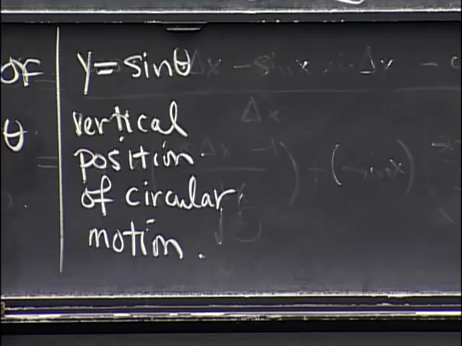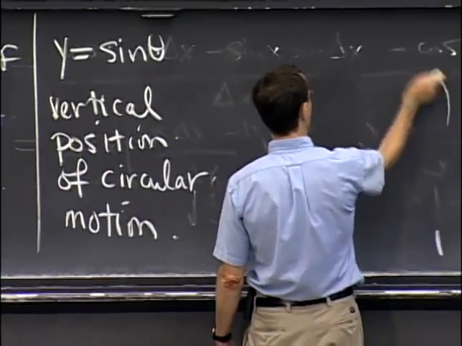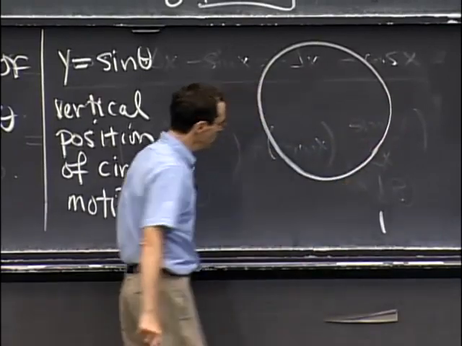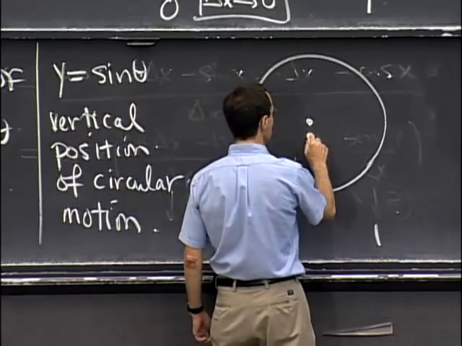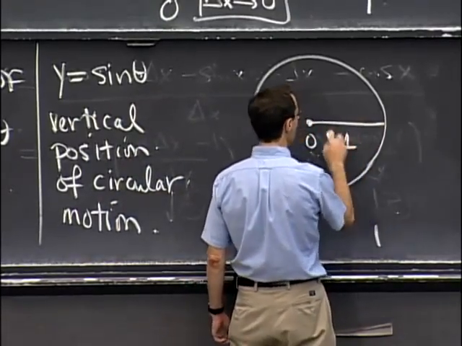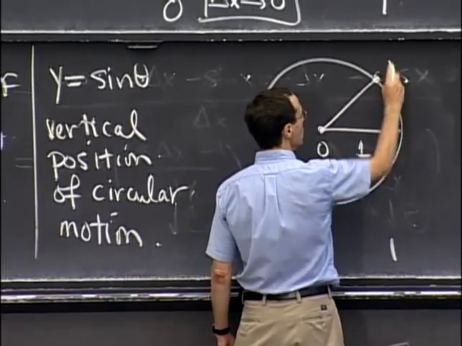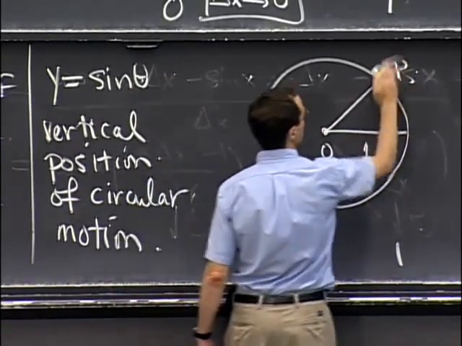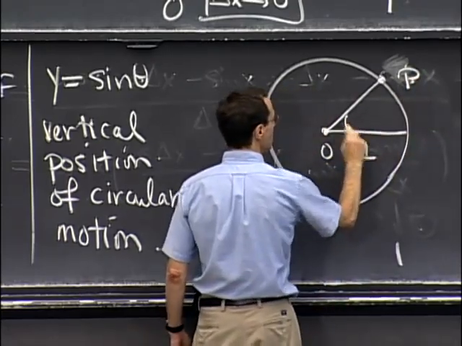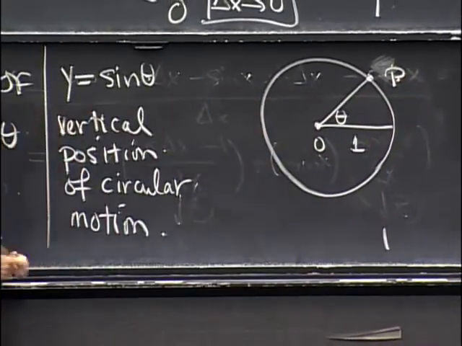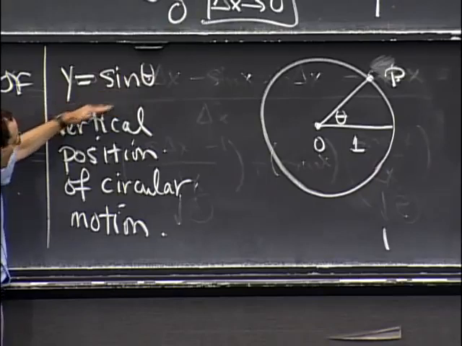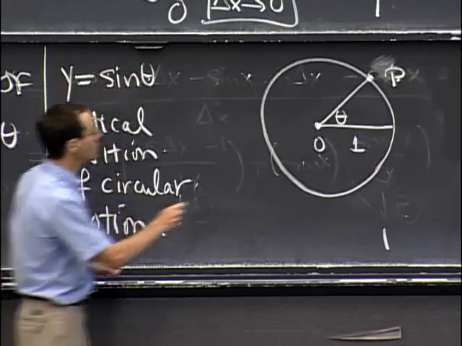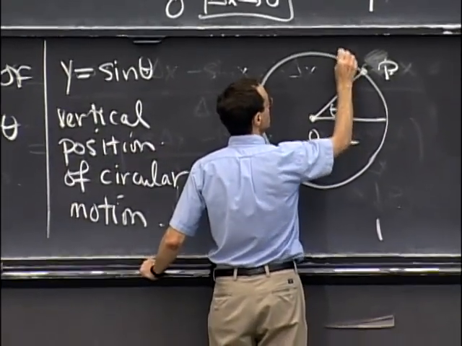So I'm imagining that something is going around in a circle, some particle. Here's the circle, here's the origin, this is the unit distance, and right now it happens to be at this location P. Maybe we'll put P a little over here. And here's the angle theta. Now we're going to move it. We're going to vary theta, and we're interested in the rate of change of y. So y is the height of P, but we're going to move it to another location. We'll move it along the circle to Q.